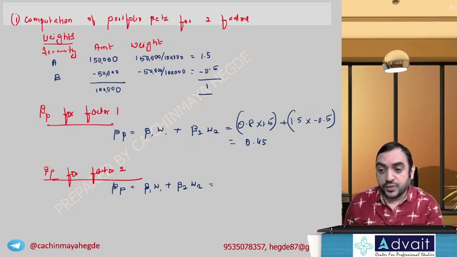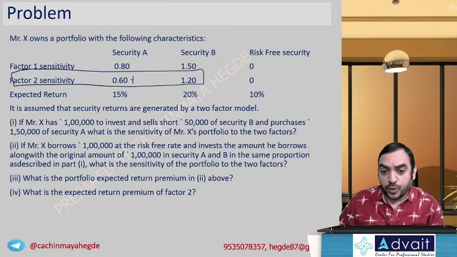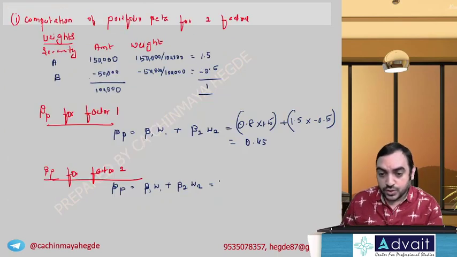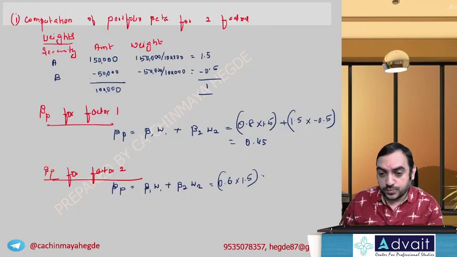Okay. Similarly for the second factor. 0.6 and 1.2 we have. So 0.6 multiplied by weight and 1.2 multiplied by weight. So 0.6 into 1.5 and 1.2 into minus 0.5.